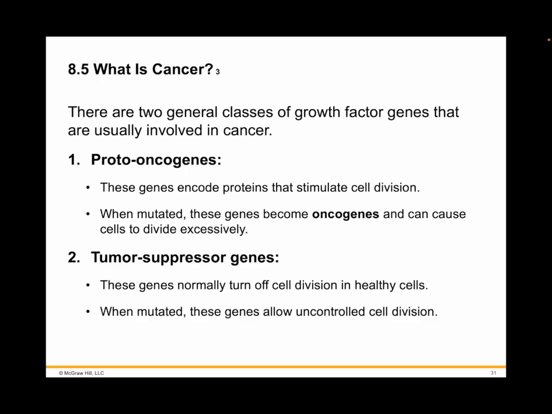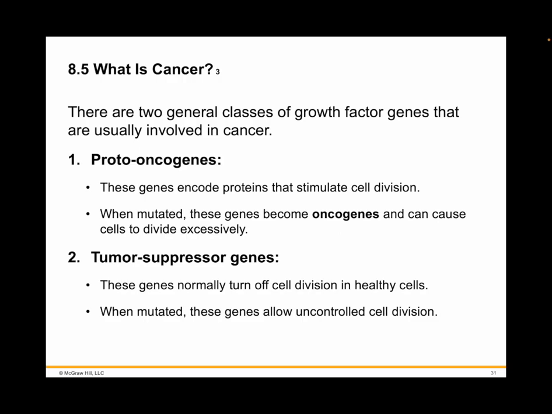Genes known as proto-oncogenes encode proteins that stimulate cell division. So mutations that activate or improve the functioning of these genes step on the accelerator, so to speak, of cell division, causing mutated cells to divide excessively. So mutated proto-oncogenes become cancer-causing oncogenes.